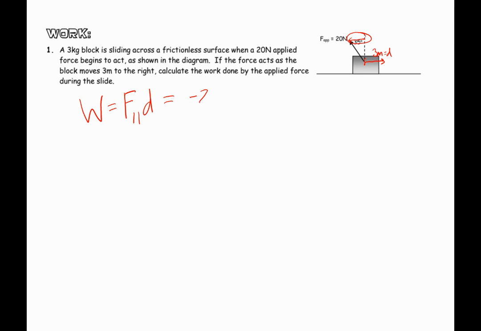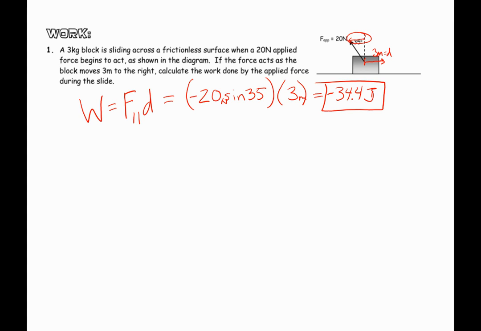So work equals negative 20 newtons times sine 35, times the distance, which is 3 meters. That's meters, and this is newtons, and then you end up getting joules, and you get negative 34.4 joules. And that tells you the direction that the work is being applied.